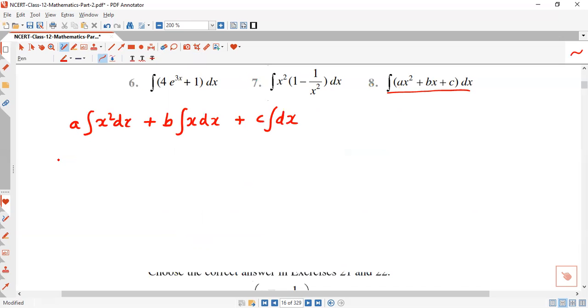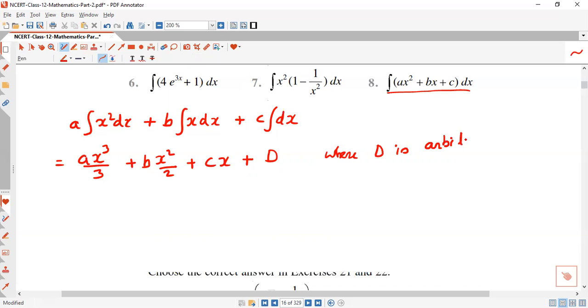So it comes out a h cube by 3 plus b h square by 2 plus c h plus some constant. Since c is already used here, we say d is the arbitrary constant. So basically, it is the answer of this question.